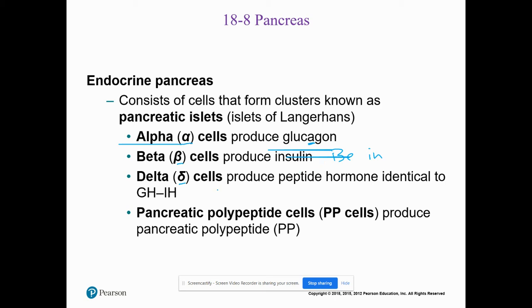And then the delta cells have a peptide hormone that's identical to growth hormone inhibiting hormone. All right, so we also have the PP cells, the pancreatic polypeptide cells, which are aptly named, and they create the pancreatic polypeptides.